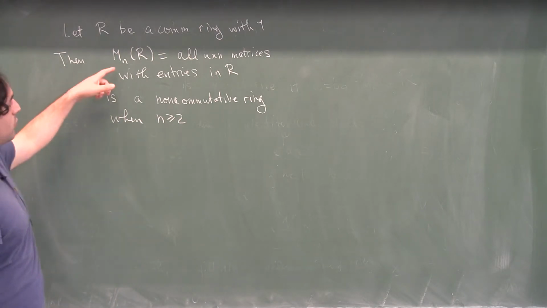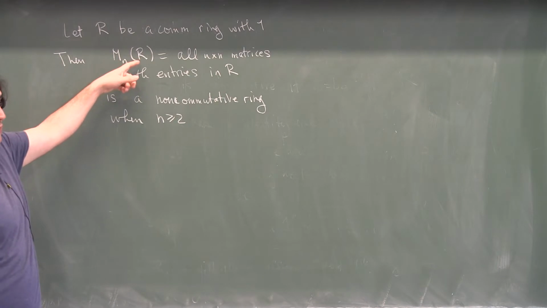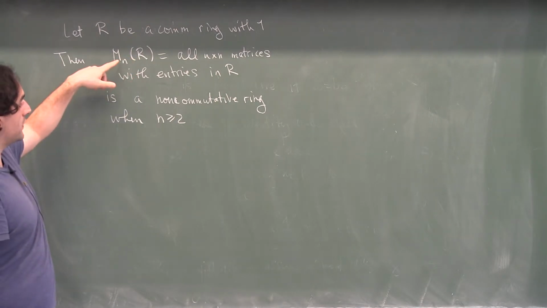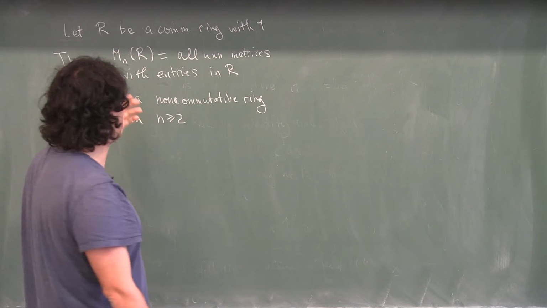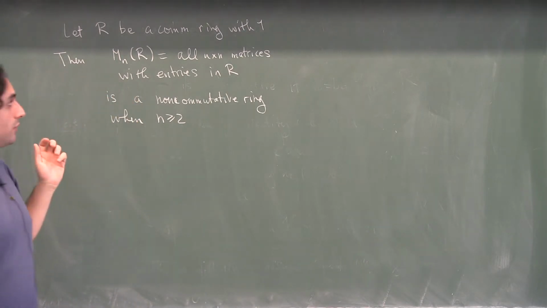For n equals 1, it is just the ring R again. But once n is bigger than 1, this is a ring under addition and multiplication of matrices.